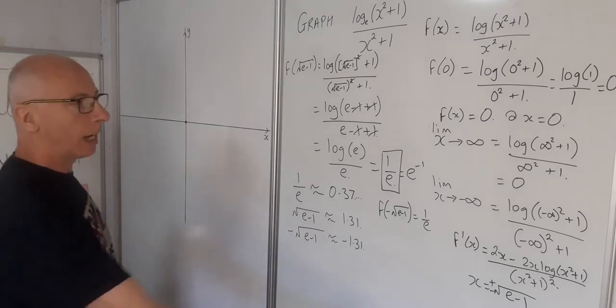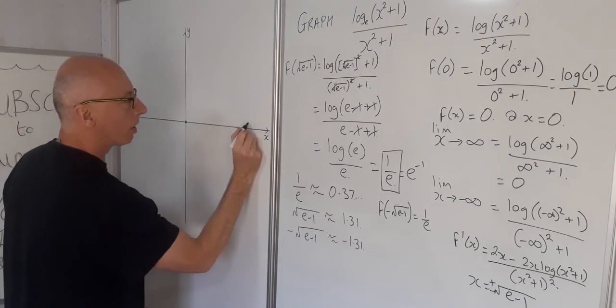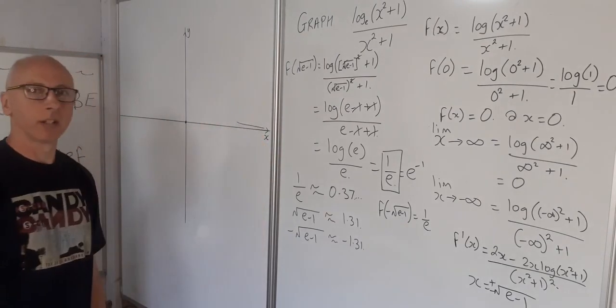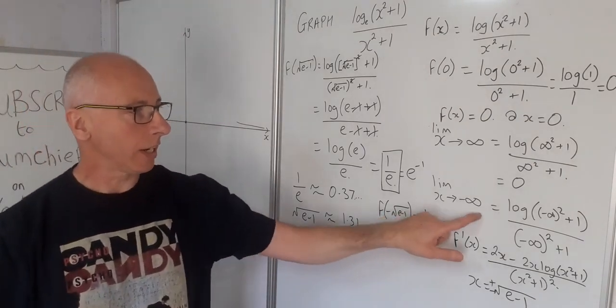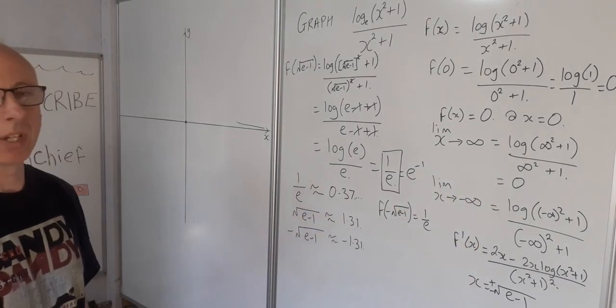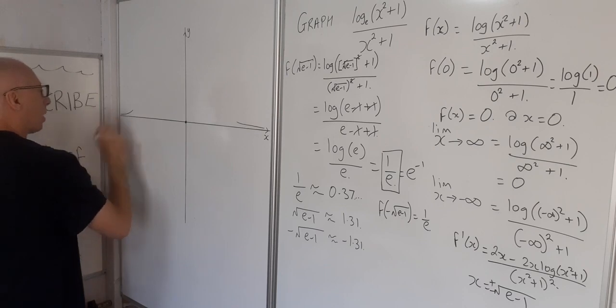So we said as x approaches infinity, the graph approaches 0. It's going to come in and always be on the positive side of the x-axis. And as x approaches negative infinity, it is the same. It also approaches 0 from the positive side. So that's also going to come in like that.